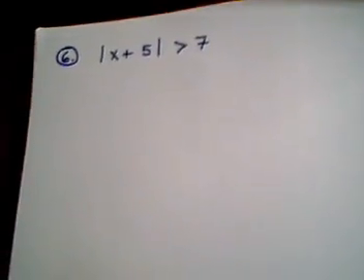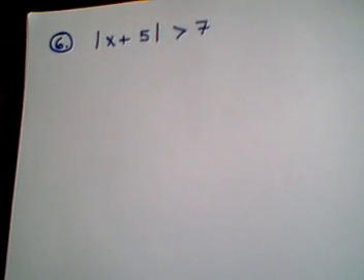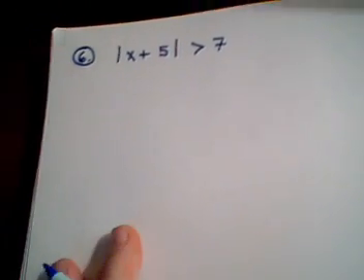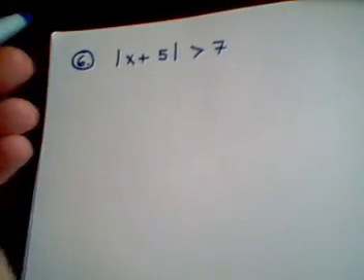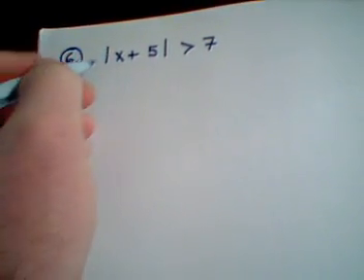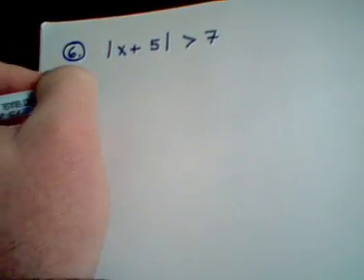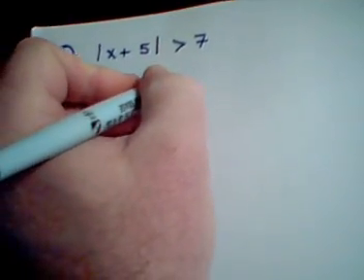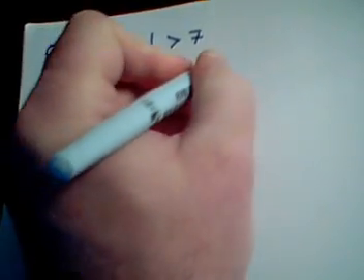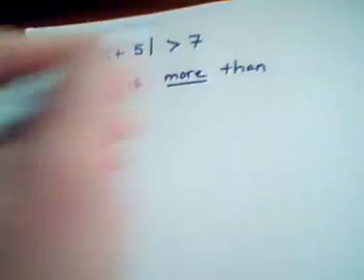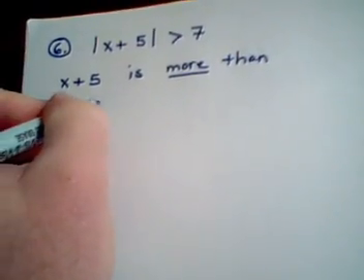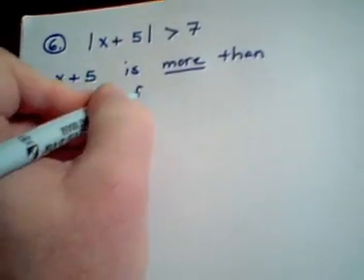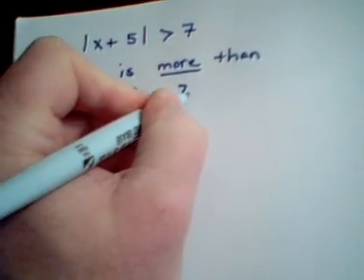If I said, here we go, the absolute value of x plus 5 is greater than 7. What that really means, in English, is that x plus 5 is more than 7 units from 0.